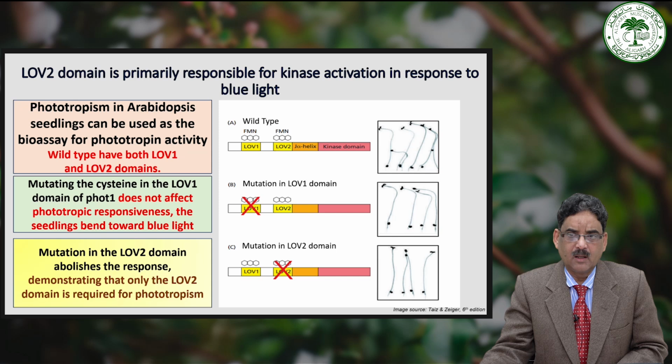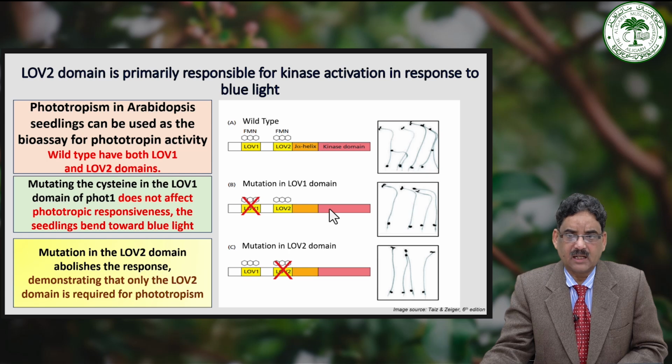However, mutagenesis experiments were performed as shown in the figure. The LOV2 domain in particular is essential for blue light induced kinase activation and autophosphorylation of the phototropin receptor.